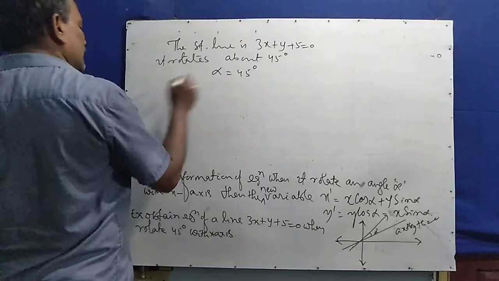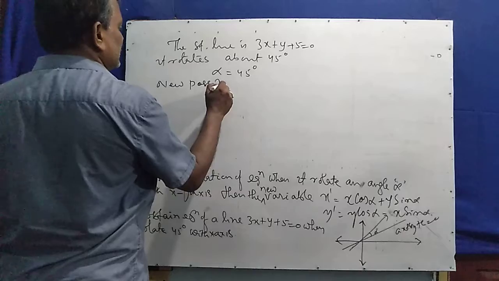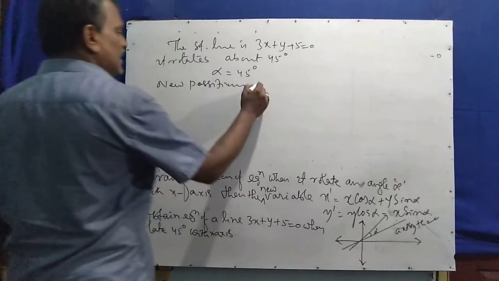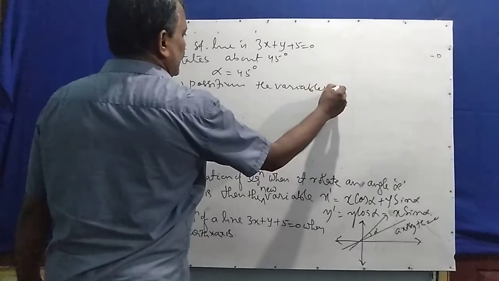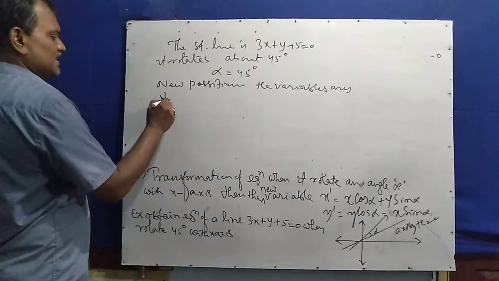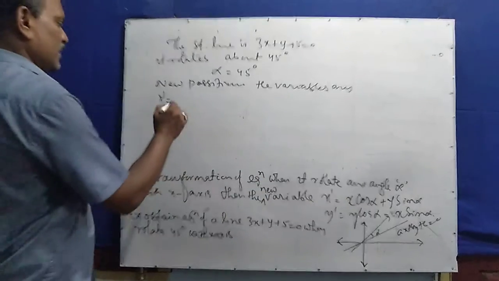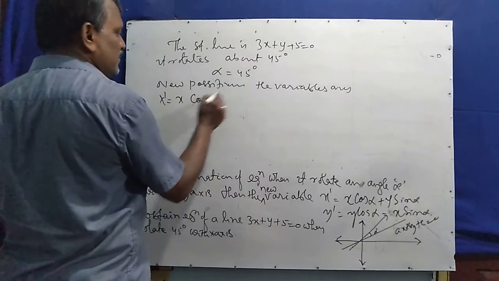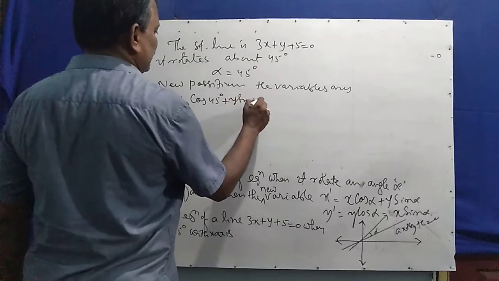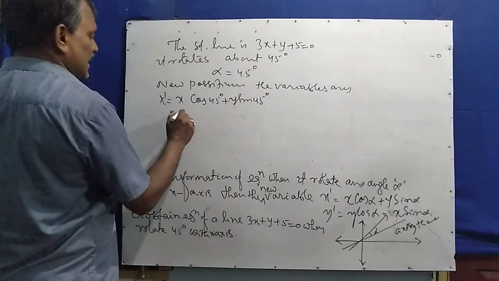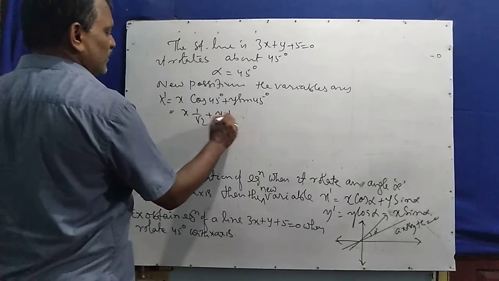So in the new position, the variables are x dash equal to x cos alpha plus y sin alpha. X cos 45 degree plus y sin 45 degree. So x cos 45 is 1 by root 2 plus y sin 45 also 1 by root 2.